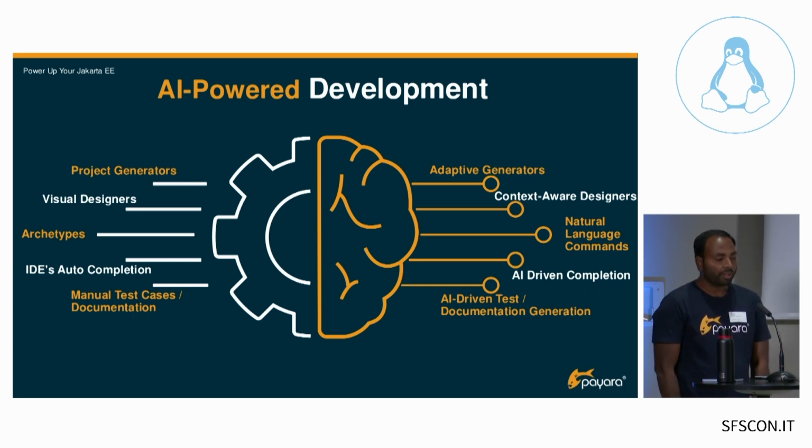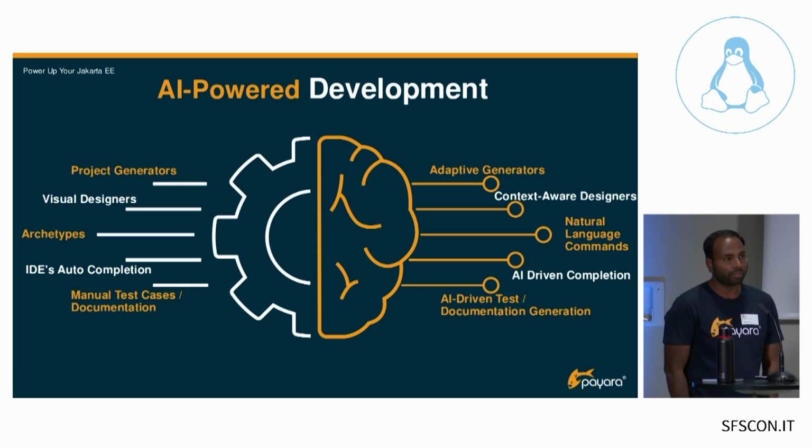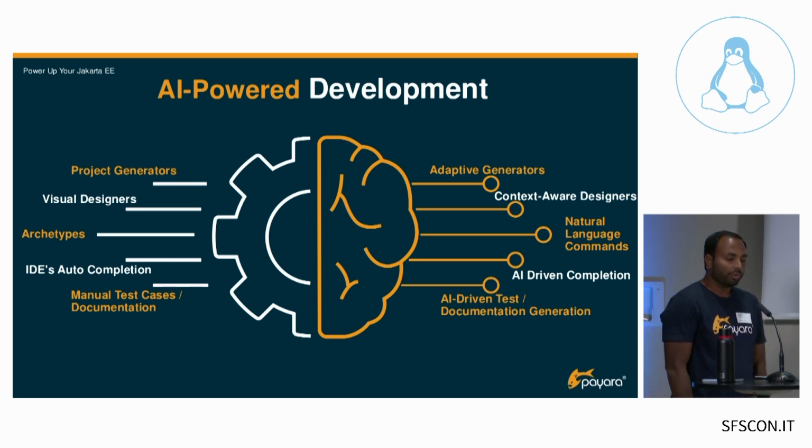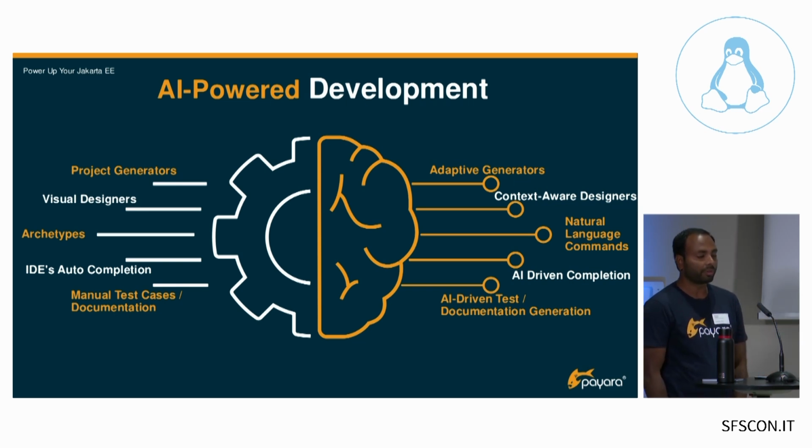With the visual designer, adding the AI approach makes it context aware and able to understand natural language commands. So it can auto-design all the components, be it the database schema or web components, based on context awareness. Archetypes are now replaced with natural language commands.